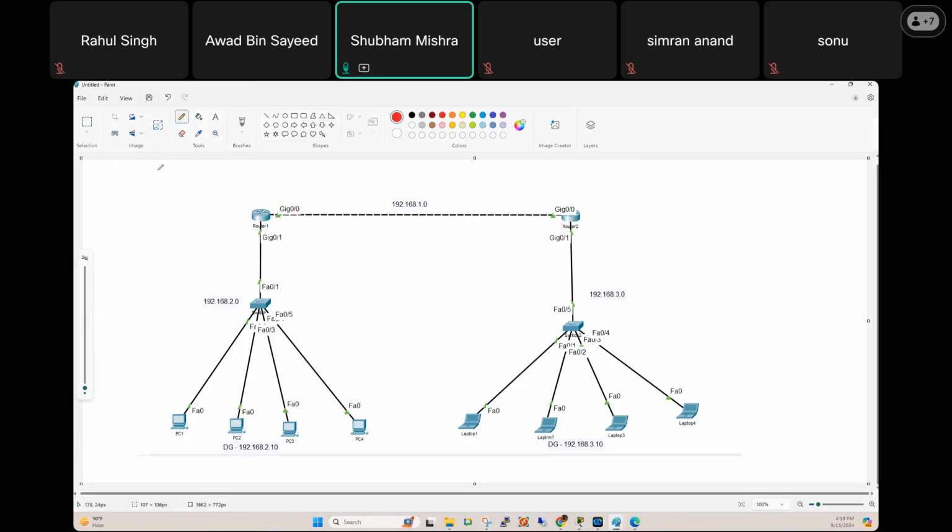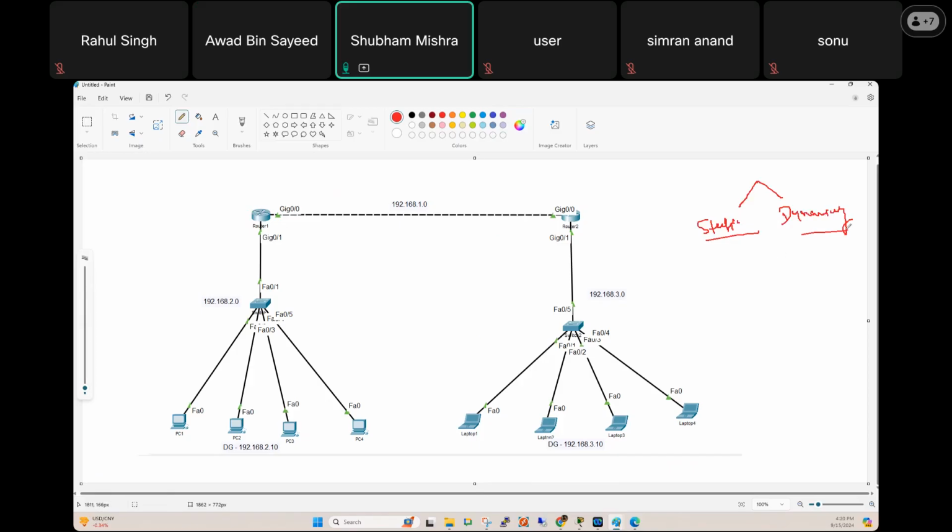Everyone, tell me one thing. On R1, what do you need to do? On R1, you need to provide the destination route, or you need to tell this router where to forward your packet. Yes or no? So there are how many ways? There are 2 ways. First one is statically, and second one is dynamically.